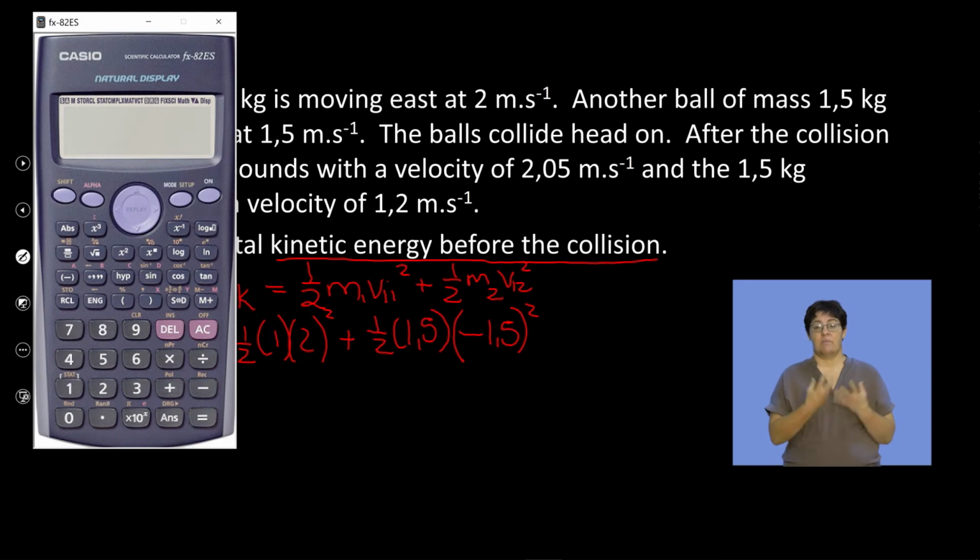So I have 0.5 times 1 times 2 squared plus 0.5 times 1.5 times, let's do the bracket, minus 1.5 squared, close the bracket, equal. I get a positive answer, and it's 0.3125.